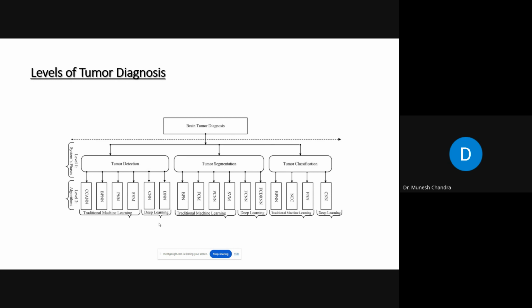Similarly, if the data size is small, for tumor segmentation also we can prefer traditional machine learning algorithms: SVM, PCNN, FCM, and BPM. If the data size is large, we can go for deep learning algorithms. The same approach applies to tumor classification. If the data size is small, we can use traditional machine learning algorithms; otherwise, we can go for deep learning algorithms.